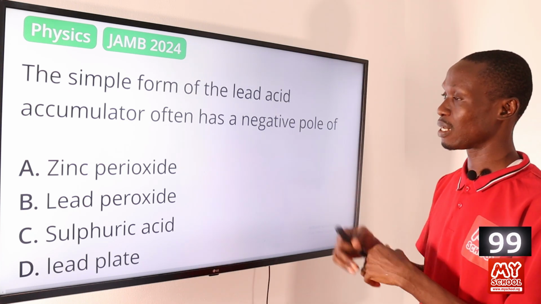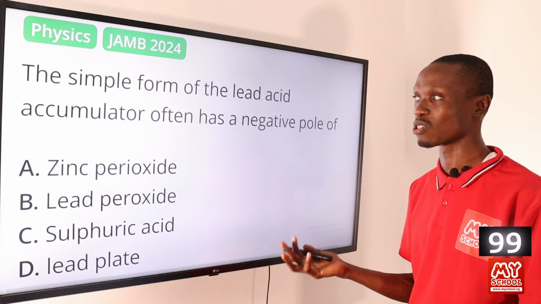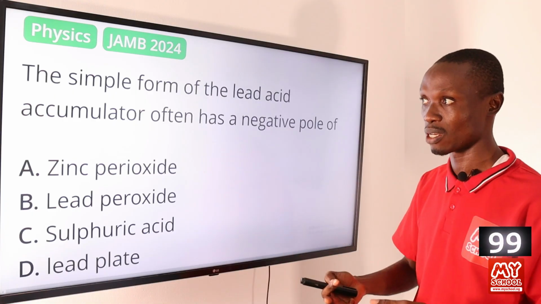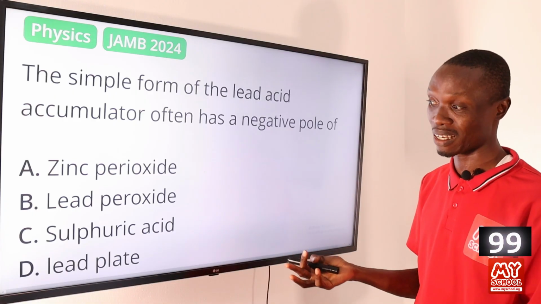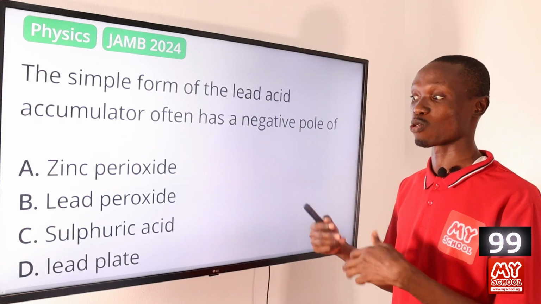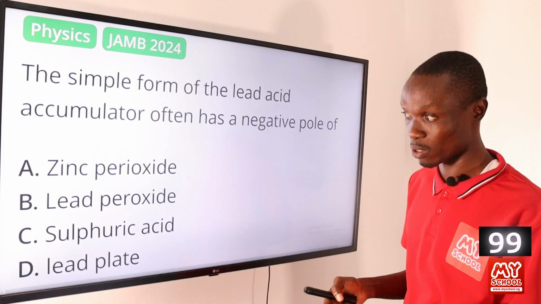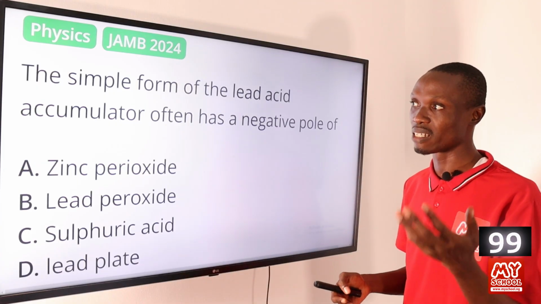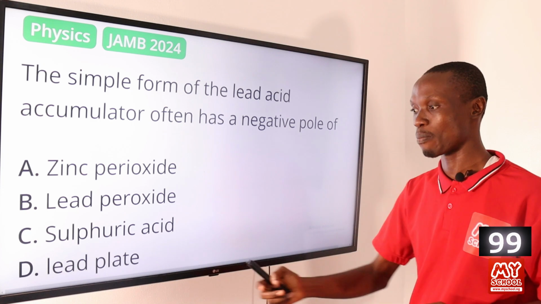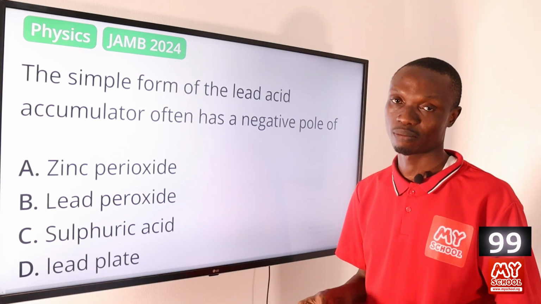The lead acid accumulator is just your car battery, and your car battery consists of 2 electrodes, positive and negative, that are dipped in a liquid referred to as the electrolyte, and in that case the electrolyte is sulfuric acid. The positive electrode is actually lead dioxide, while the negative electrode is lead. So that makes option D the correct answer to this question, lead plates.